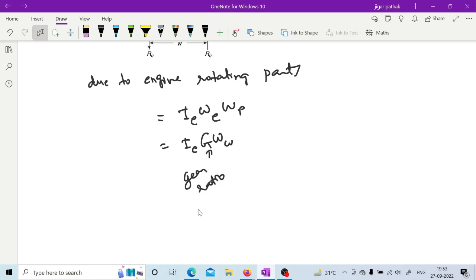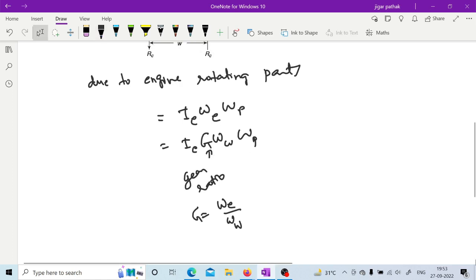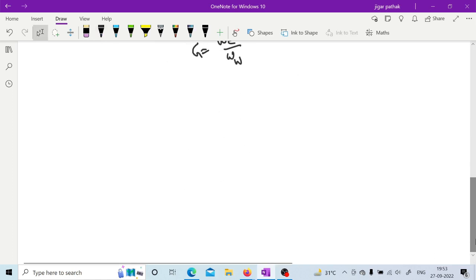Gear ratio, right? Because we know that gear ratio is equal to omega E by omega W. That is why I have replaced omega E with G omega W, and omega P is there, right? So now once you have both the gyroscopic couple due to the engine rotating parts and the wheel, due to both you are having a gyroscopic couple.